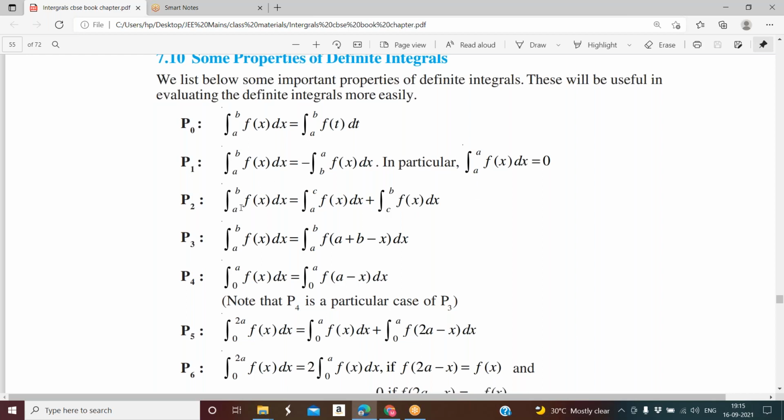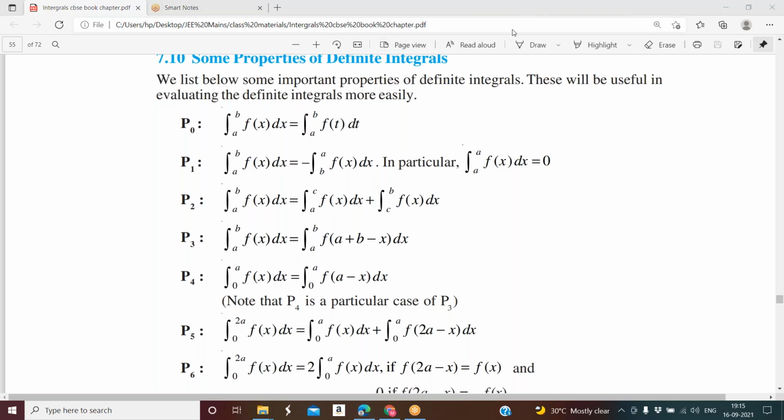Then what is the next property? Integral a to b f of x dx equals integral a to c f of x dx plus integral c to b f of x dx. What does it mean? What are the limits of x? A to b.